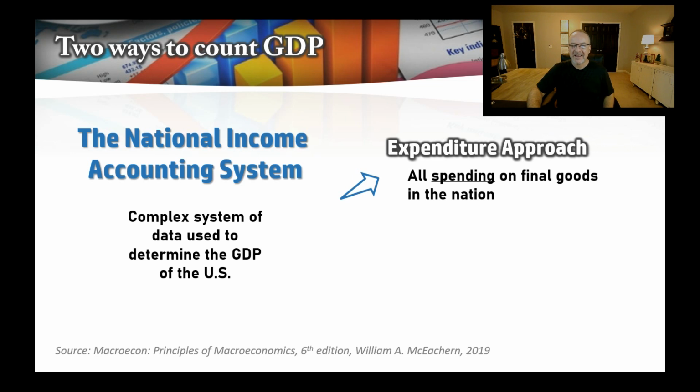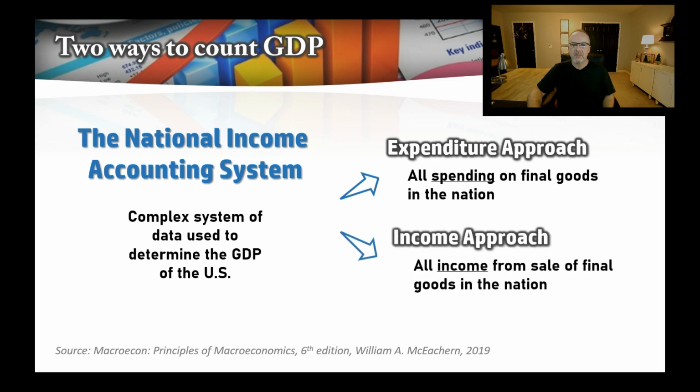So that's the expenditure approach. And then we have the income approach. That is sort of the flip side. Instead of looking at what we have produced or what we've bought for ourselves, we're looking at the other side, which is income. What did the producers receive in terms of income? And those should balance out. We'll talk about that in just a moment.